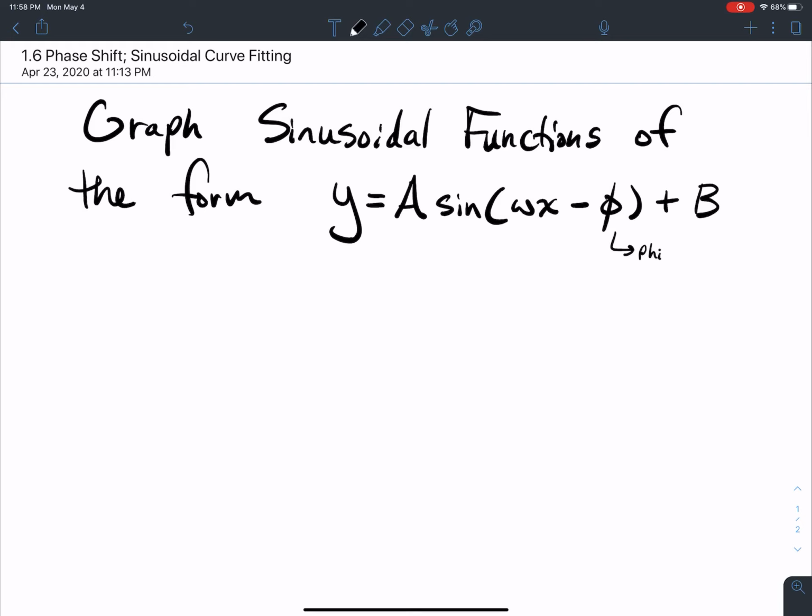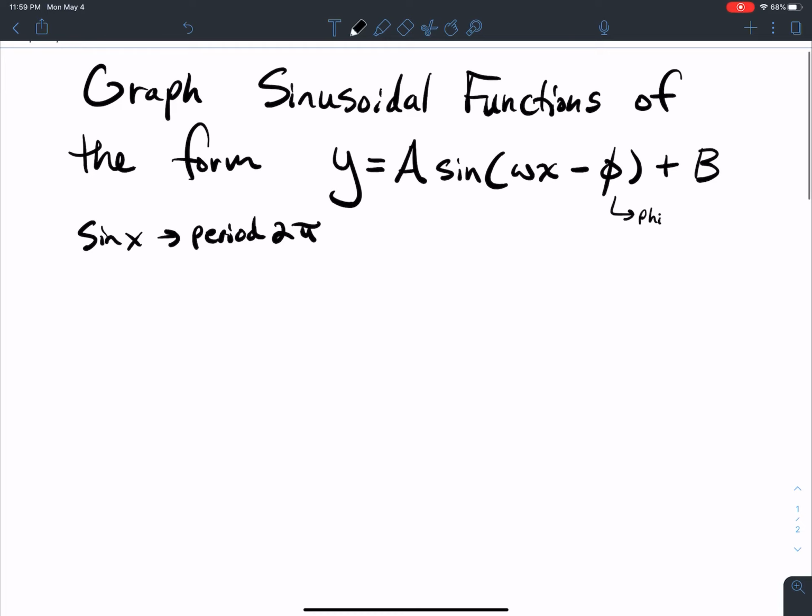All right, so the amplitude here is the absolute value of A. Now, trying to figure this out, what do we know? We know that the sine curve has period 2 pi, right? So if I have what's in the argument here, omega x minus phi, well, I know one period is stuck between 0 and 2 pi.